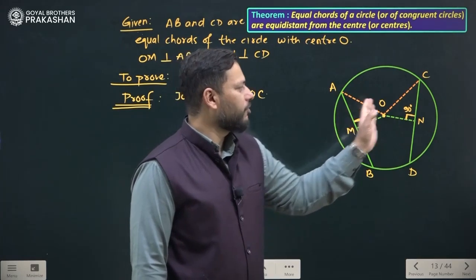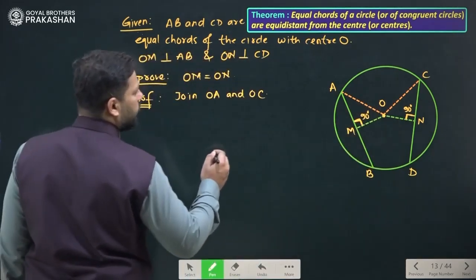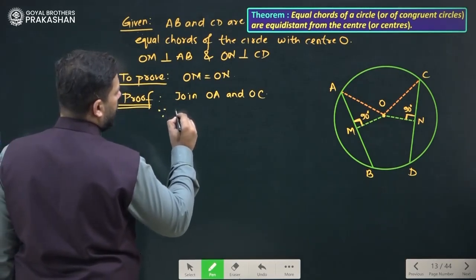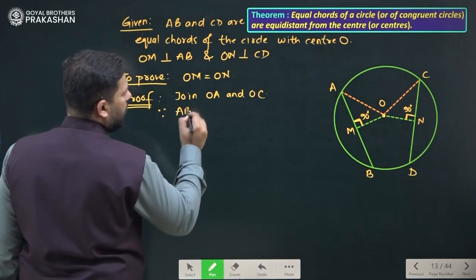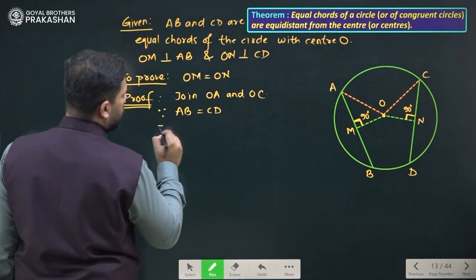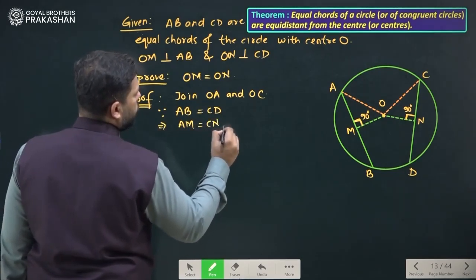That means AM will be equal to CN. We will write it beforehand. So we will write, since AB is equal to CD, this implies that AM is equal to CN.